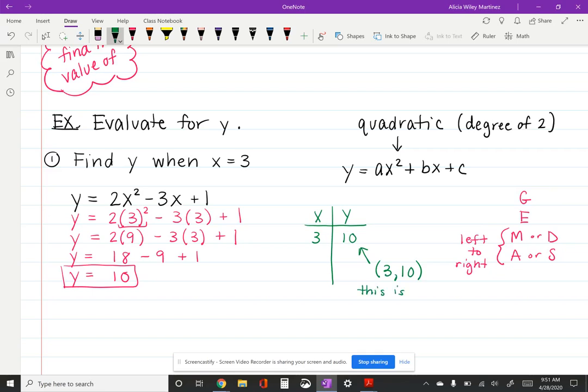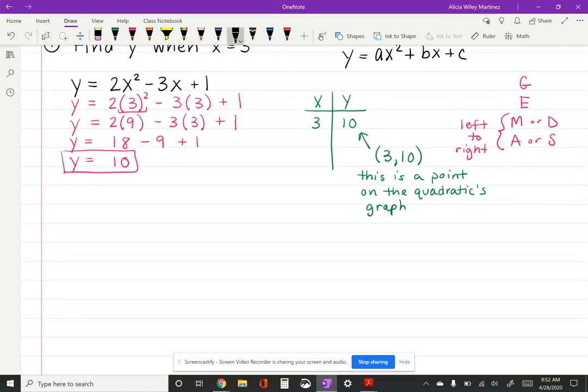This is a point on the quadratic's graph. So if we were to graph y equals 2x squared minus 3x plus 1, you would see that on that graph, this point would exist. We could find more points by plugging in other x values and solving for y.